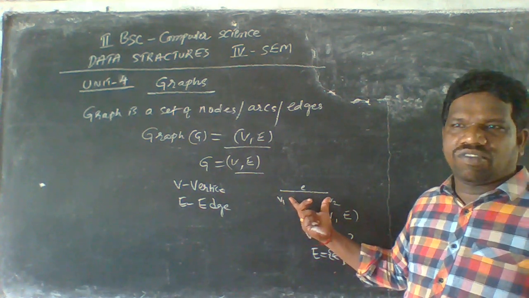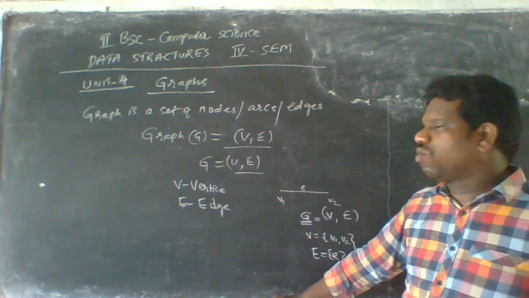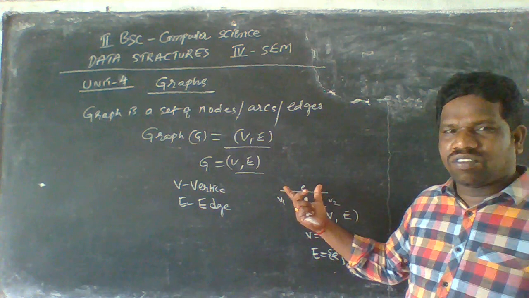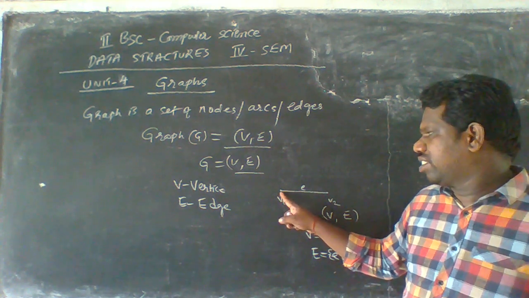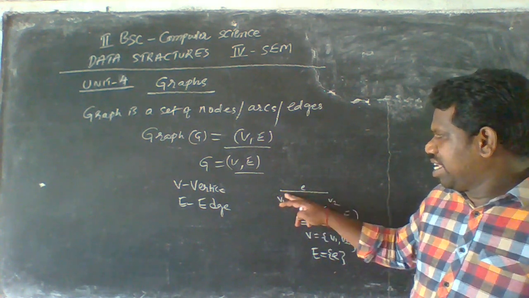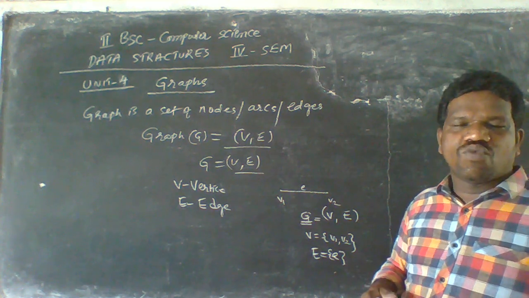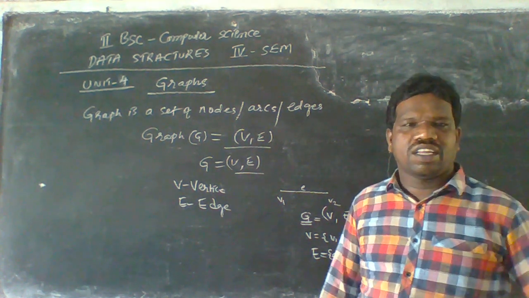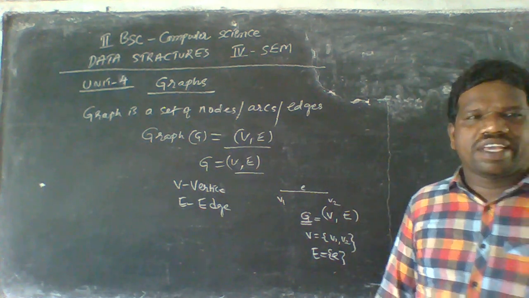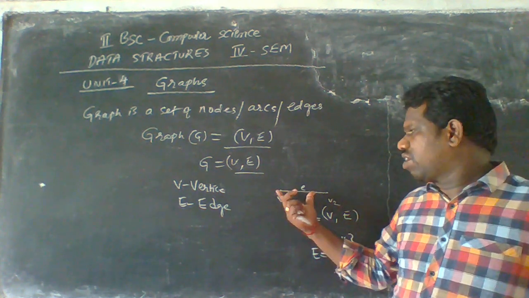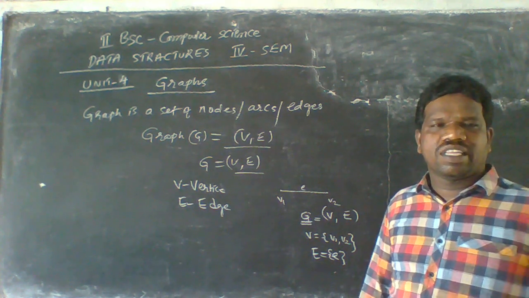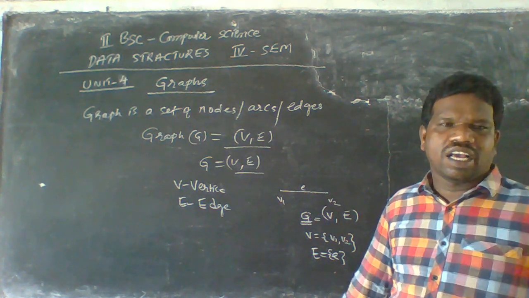Now I'm going to create a graph. This graph contains the V1 vertex and the V2 vertex. These vertices are joined by one line, which we simply call an arc, or also an edge. Edges are denoted by E.